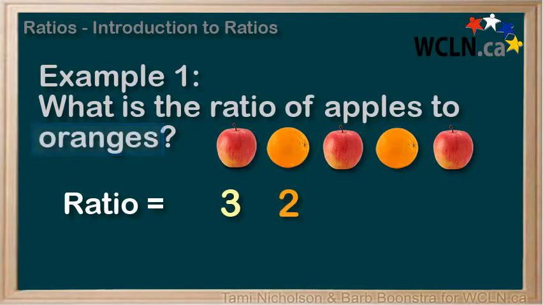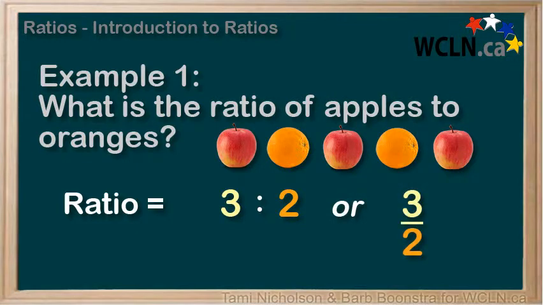We have 2 oranges. So, the ratio of apples to oranges, the comparison of the number of each, is 3 to 2. Notice that we put a colon in the middle to separate the 2 numbers in a ratio. Another way to show this same ratio would be 3/2.